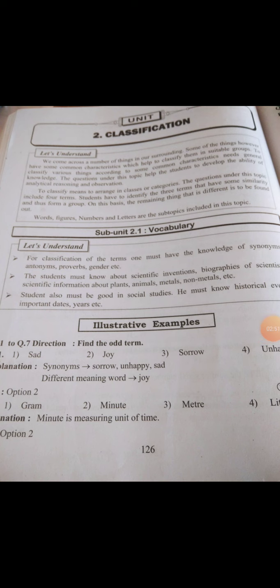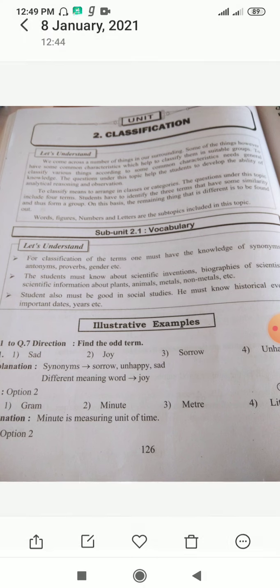Illustrative examples. Questions number 1 to 7, direction: find the odd term, meaning you have to find the odd term from the given words. See question number 1: sad, joy, sorrow and unhappy.